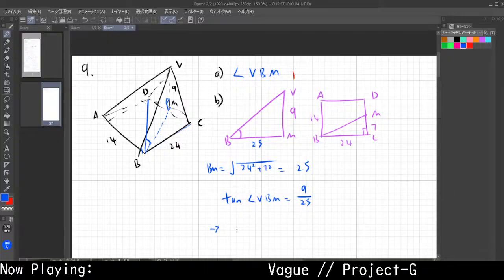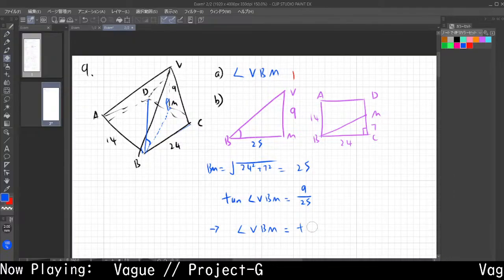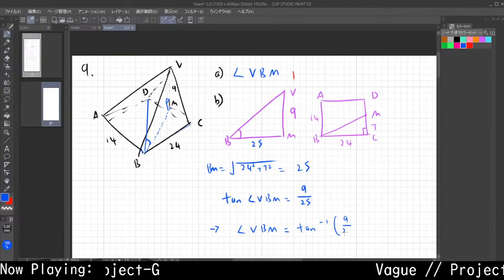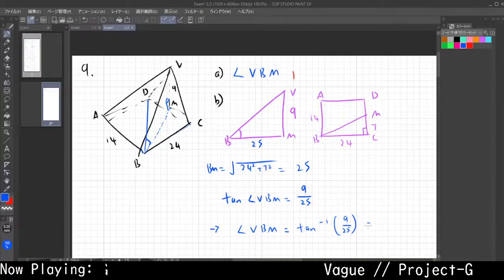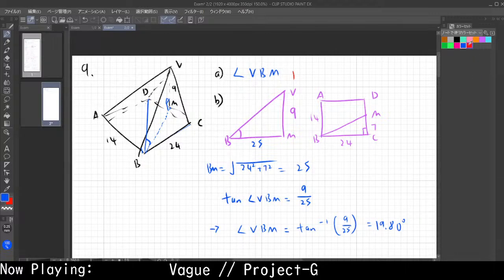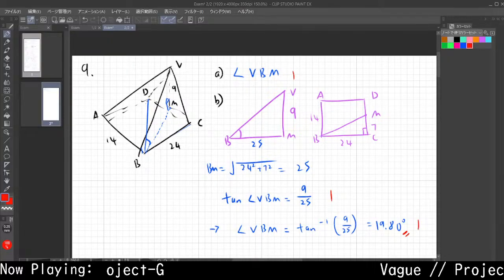To find the angle VBM, just bring the tangent over to the other side so it becomes its inverse function. Then you calculate this out, you should be able to get 19.80 degrees. So this gives you 1 mark, this gives you 1 mark.